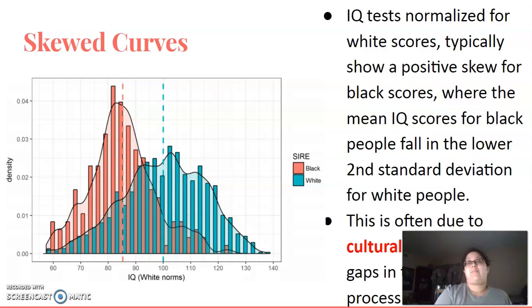Okay, and they typically show a positive skew for the black scores, which is not a good thing, right? The mean IQ scores for black people fall in the lower second standard deviation for white people. So that means that cultural and economic gaps often make it really difficult for black people to make the same average score that white people do.